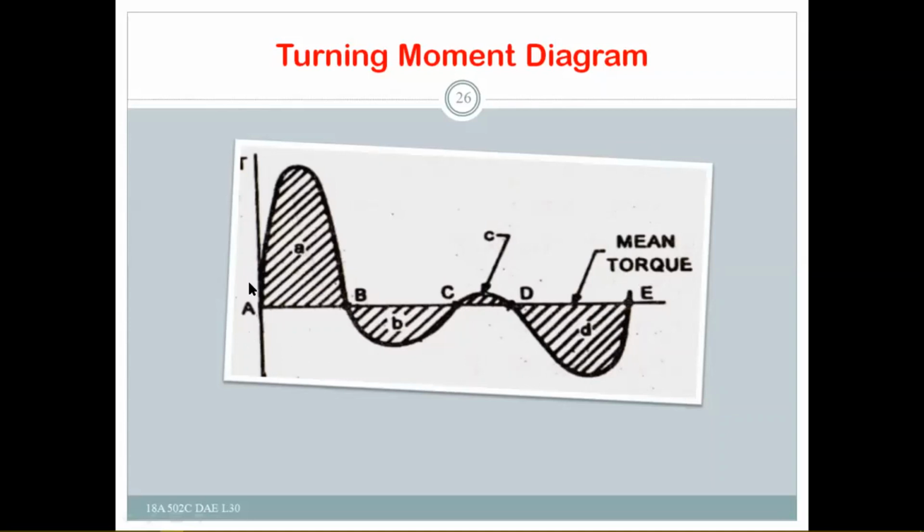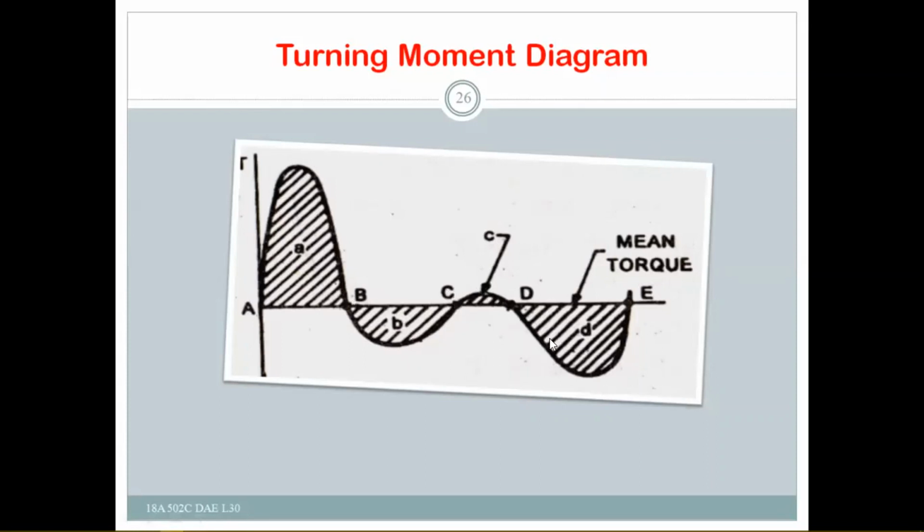That means here the vertical axis will be the torque at the crankshaft, whereas the horizontal axis, that means the x-axis, will be the crank angle, right? So this is the turning moment diagram. That means the energy before starting the cycle is equal to E, and after completion of the cycle it should also be E. And if you observe this diagram, the energy at a certain point will be maximum, and the energy at a certain point will be minimum.